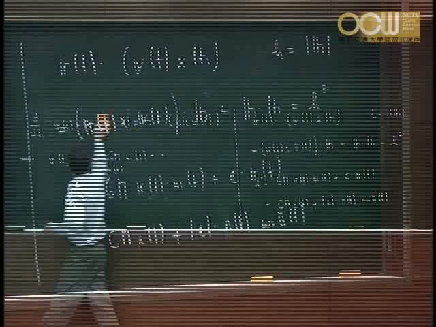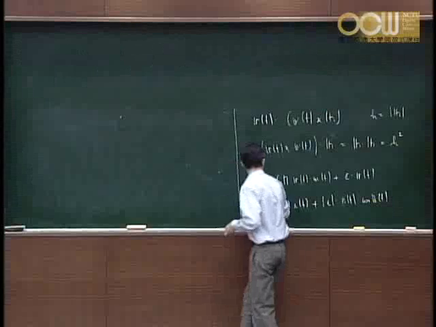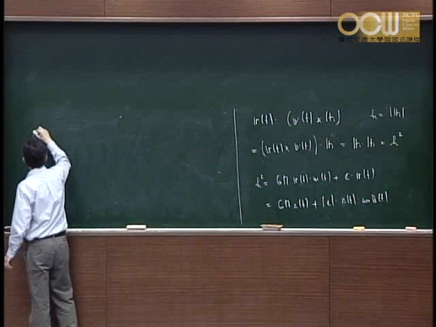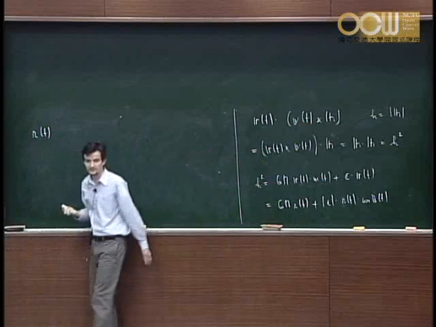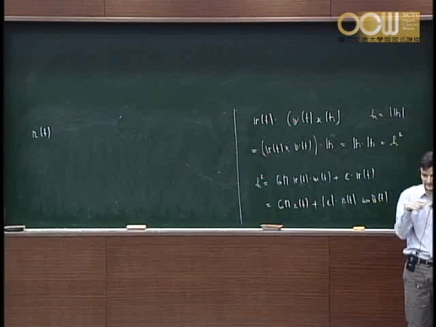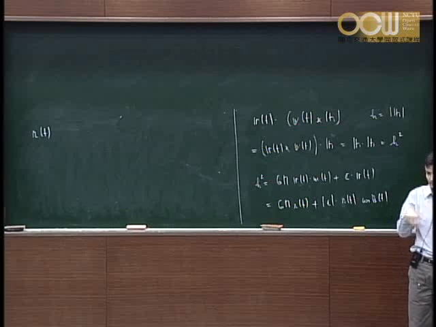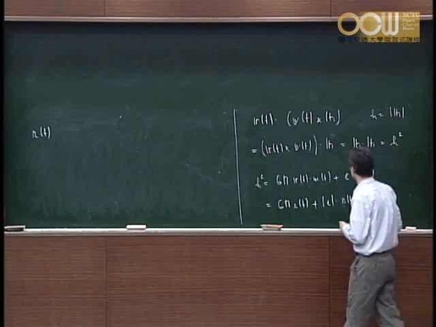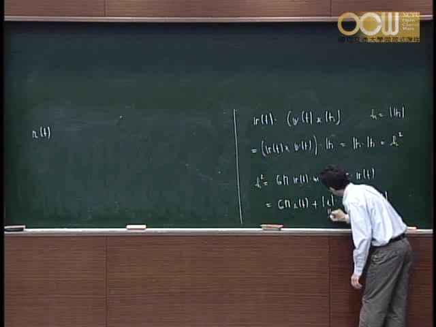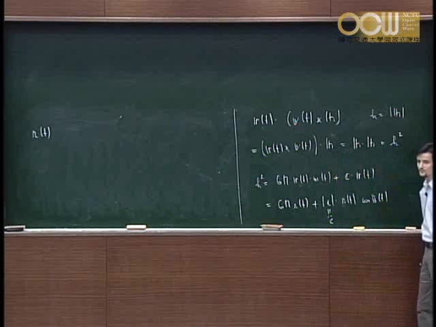Now what I'm interested in is r of t, because r of t describes the trajectory, so it describes the orbit of the planet. So if I use this, maybe we introduce c as the notation.